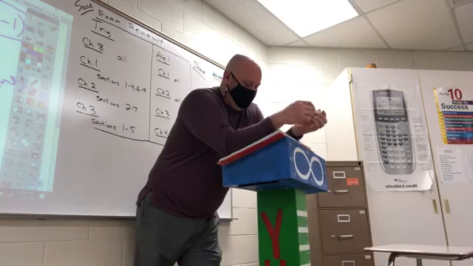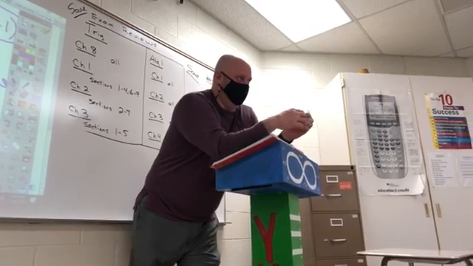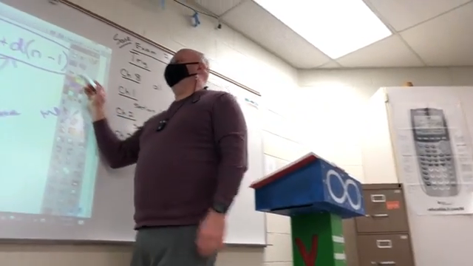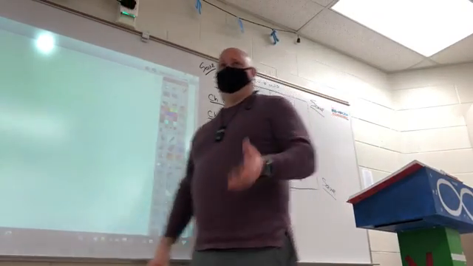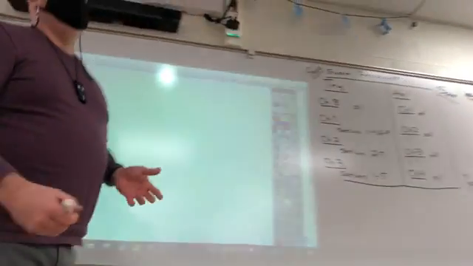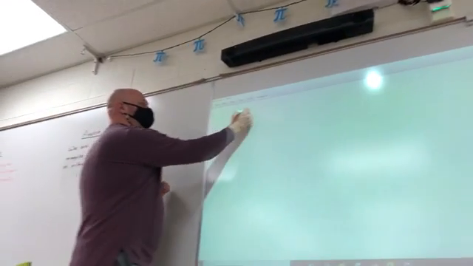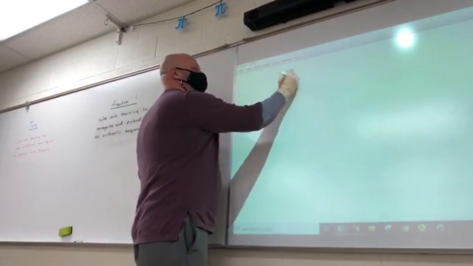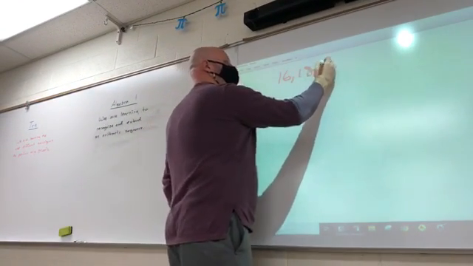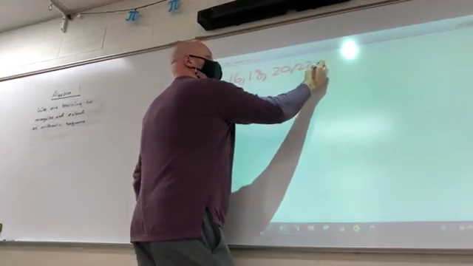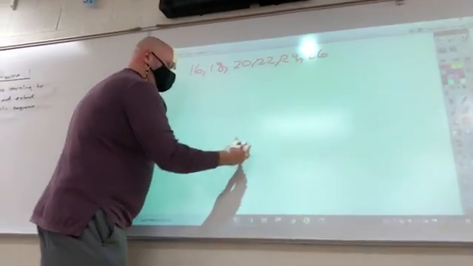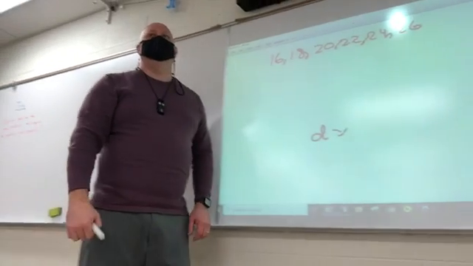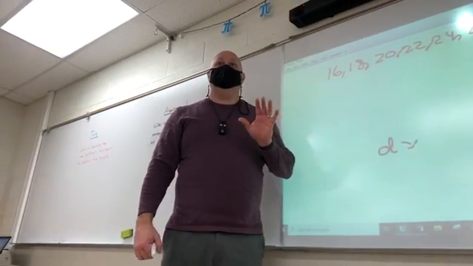If you look at number 16 through 21, how can we find the common difference? If I gave you a pattern that was the easy one of 16, 18, 20, 22, 24, 26, and I just said find the D value, how do you know it's 2?